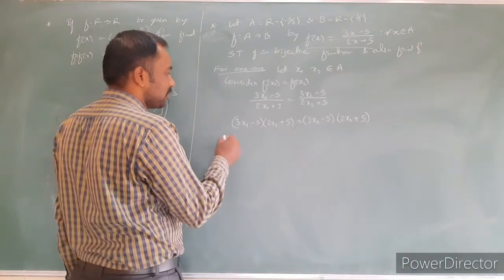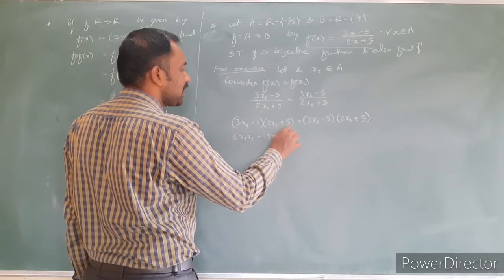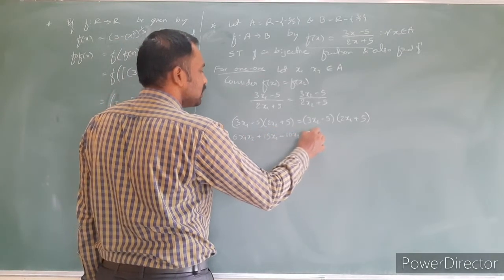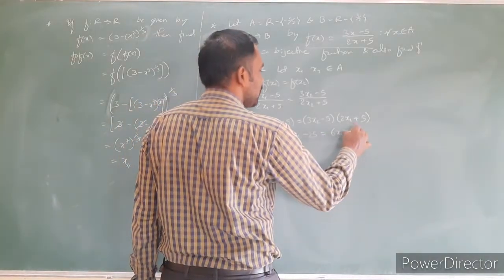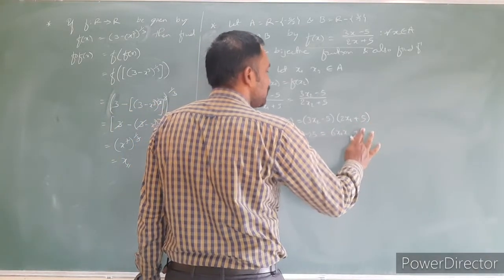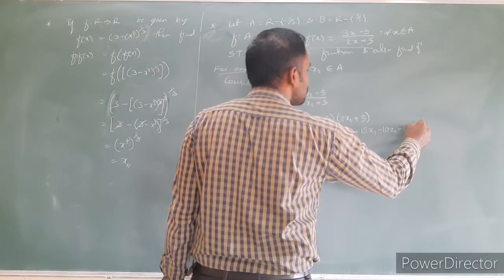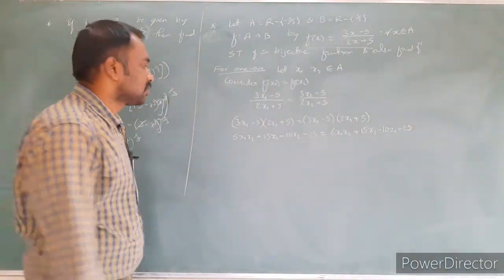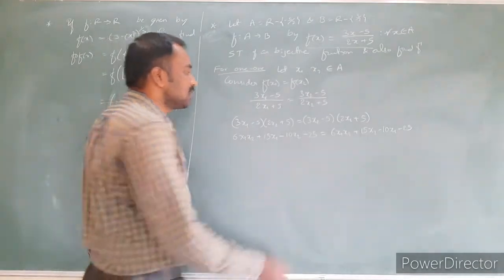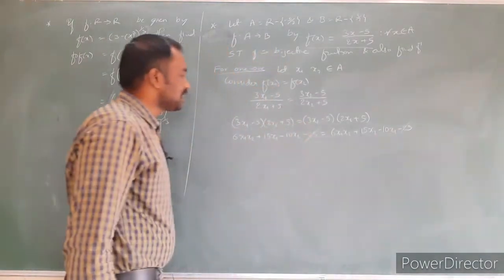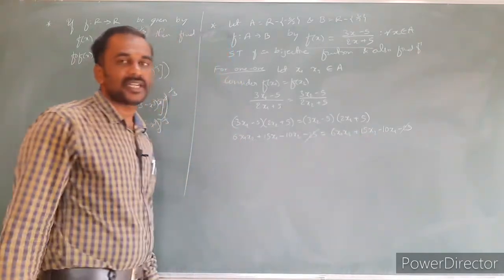Just open the brackets. 6 x1 x2 plus 15 x1 minus 10 x2 minus 25 is equal to 6 x1 x2 plus 15 x2 minus 10 x1 minus 25. 6 x1 x2 and 6 x1 x2 cancel, minus 25 gets cancelled. Now here 15 x1 minus 10 x2, here 15 x2 minus 10 x1 is left.